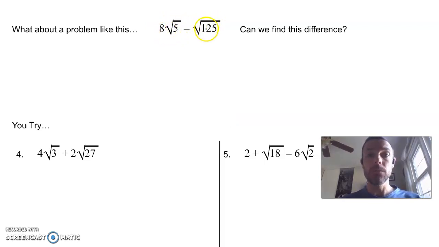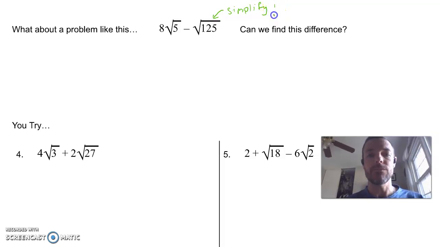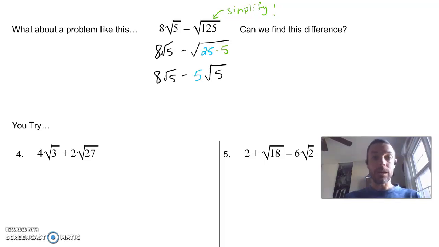But the square root of 125 can still be simplified, and we have to simplify it to know if we have like radicals. So I'll write that down here. We need to simplify this first. When we do that, we get 8 square root 5 minus 5 square root 5.